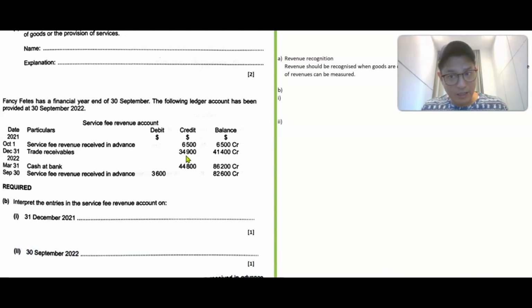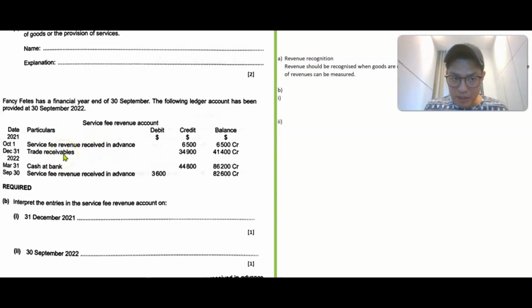Revenue accounts are debit or credit in nature? It's credit in nature, right? And so when you're crediting service fee revenue account of 34,900, you are indicating that you're recognizing more revenues, right? That at this point in time you have earned $34,900 more revenues.